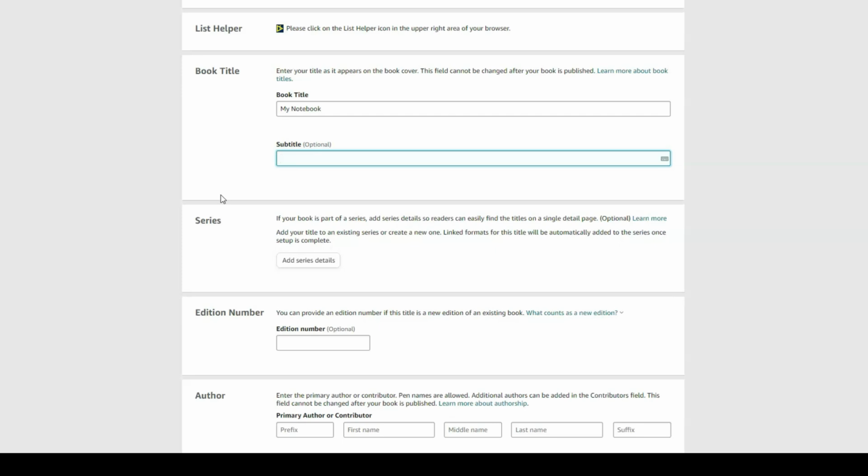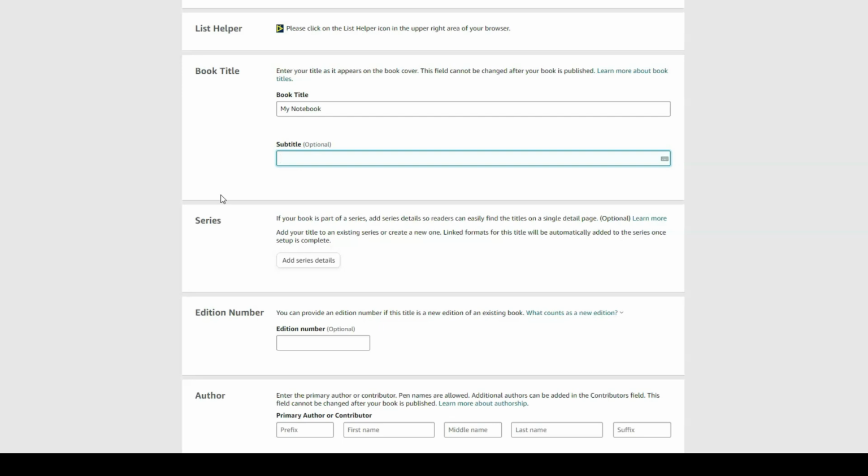You don't want to include any details that are already in the detail section of your book. You really just want to describe what your book is about or who it is for. They are also very strict on repetitive words, so don't use the word notebook again in the subtitle because you already have it in the title.